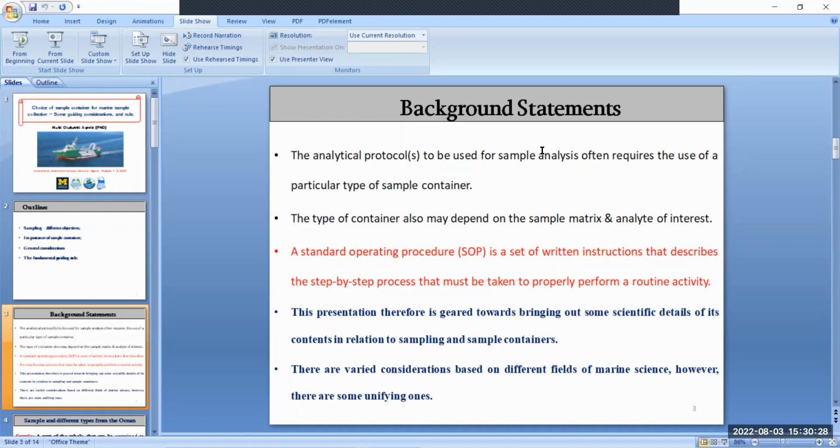In the context of this presentation, I won't be looking generally into different aspects, but I will focus more on some unifying considerations, because we have different fields in marine sciences, and the considerations for sample containers vary based on that. So I will talk about some unifying considerations as to marine sampling and the sample containers.